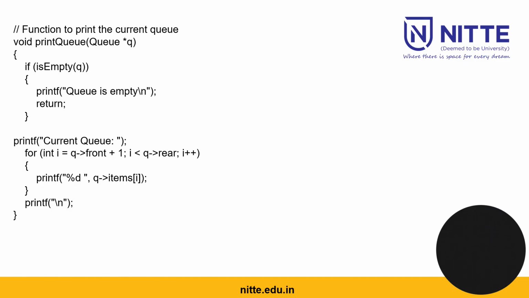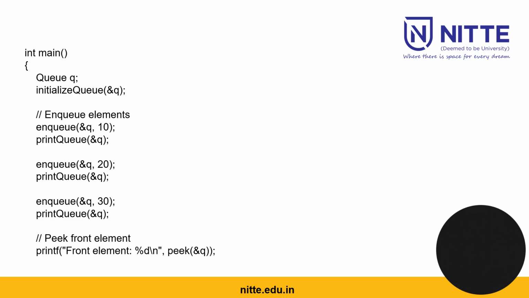It will print all the values in this queue, then come out of the loop after printing all the elements. So this is how we print the values that are there in the queue.